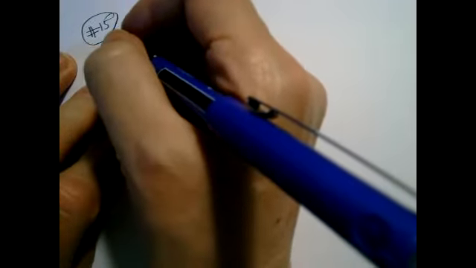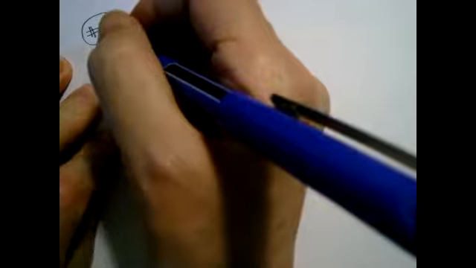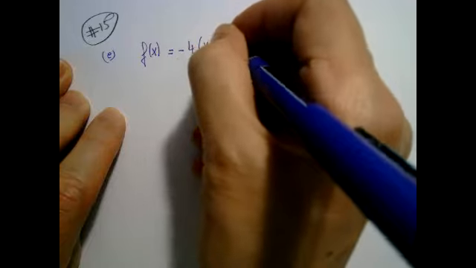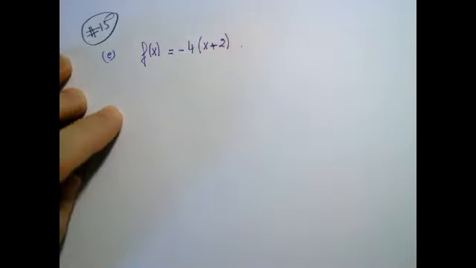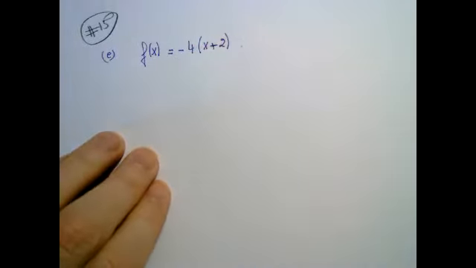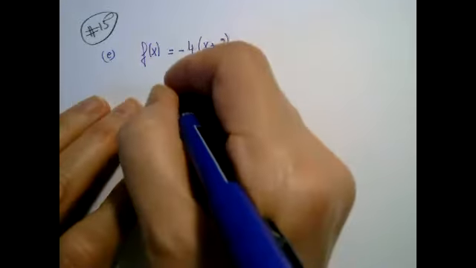Suppose f of x equals -4 times (x plus 2). Find a formula for f inverse of t.